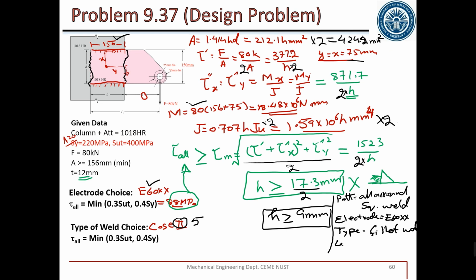What is length of weld? 4 into 150 mm, or equal to 600 mm. Size, 9 mm. And what also was required, the length of attachment L, so L is equal to 150 plus 156, which is equal to 306 mm. So you have to write your answer like this, all the answers here. So this is the final design of weld.